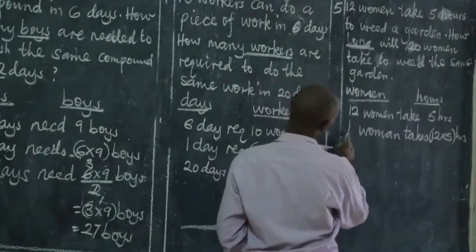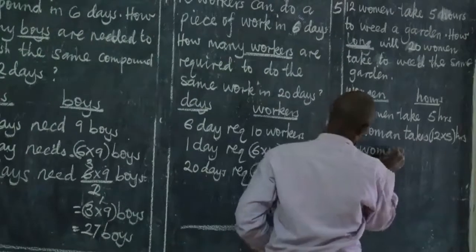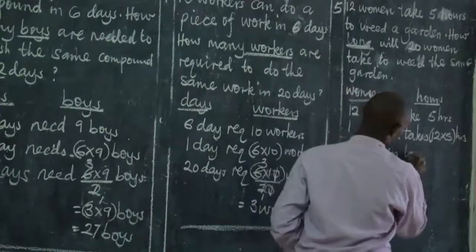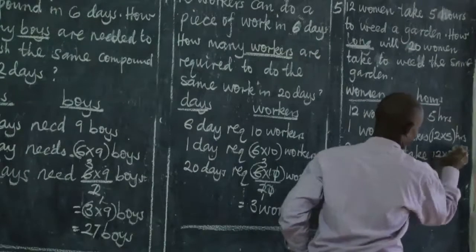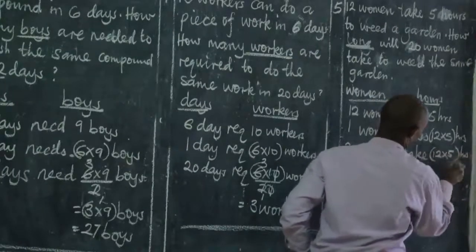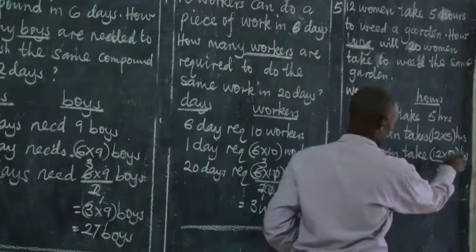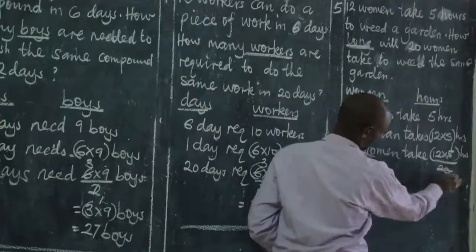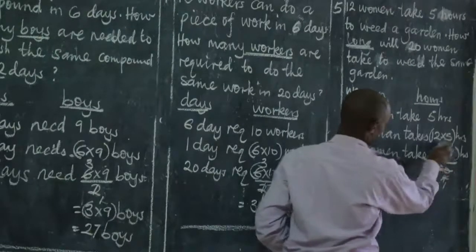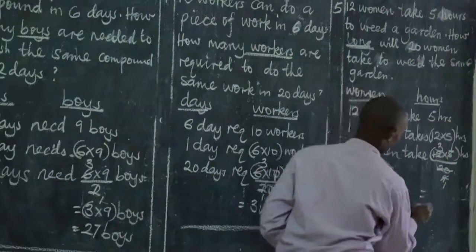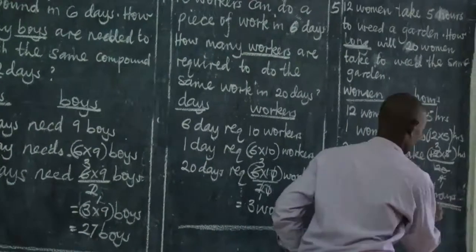What about if I increase from 1 woman to 20 women? These ones will take 12 times 5 hours, then we divide it by 20. So by 5 is 1, by 5 is 4. Then by 4 is 1, by 4 is 3. So they will take 3 hours.